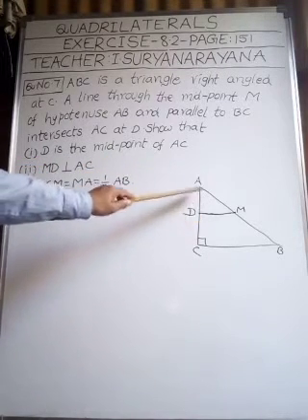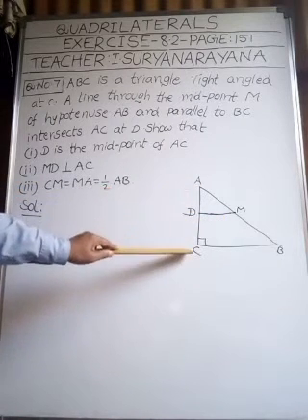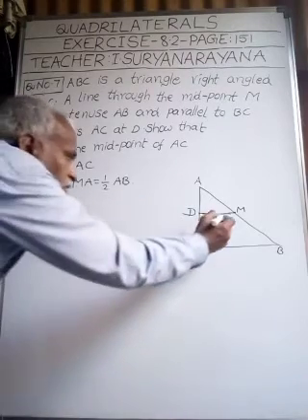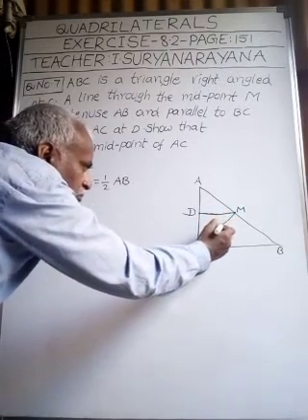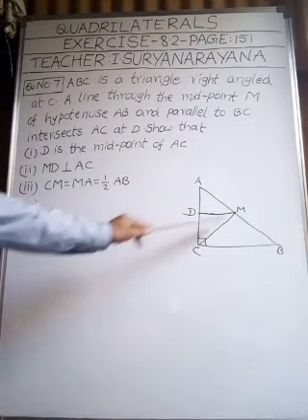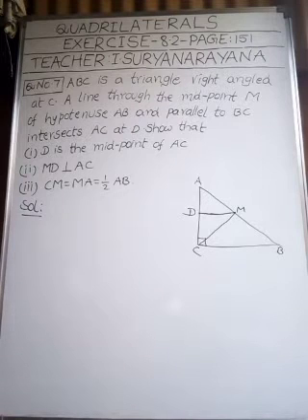MD is perpendicular to AC. CM is equal to MA is equal to half of AB. Okay, my children, understood this diagram, right?